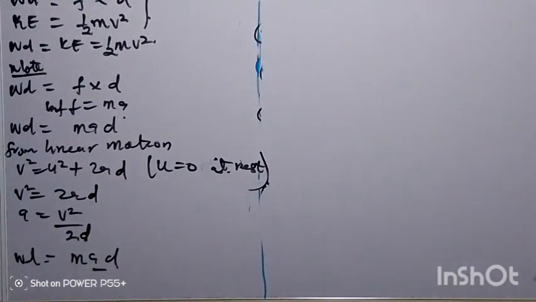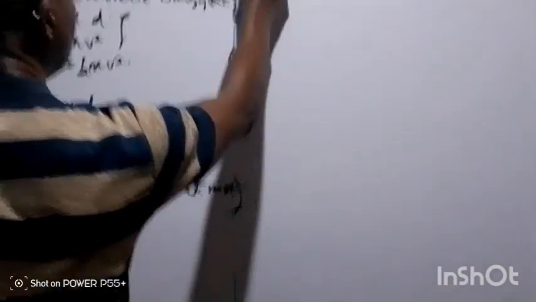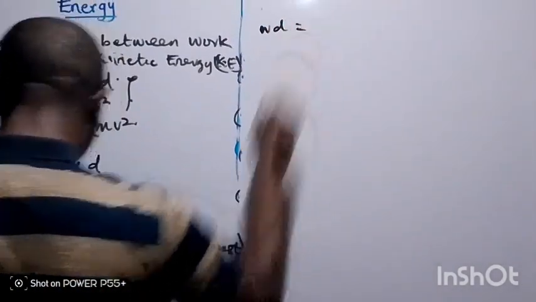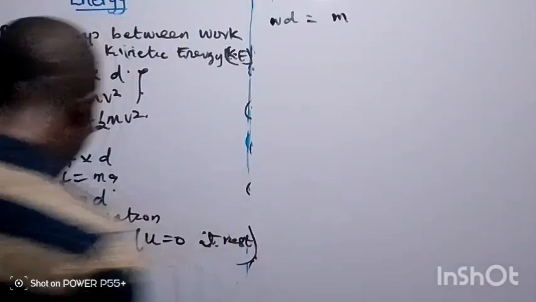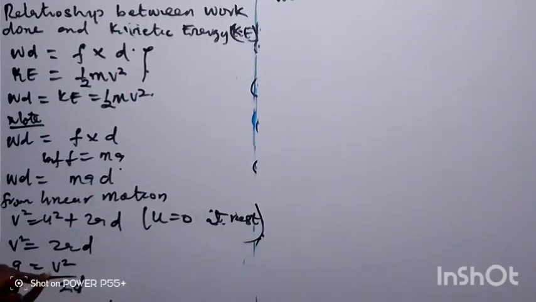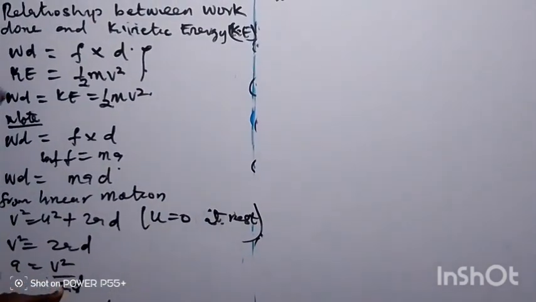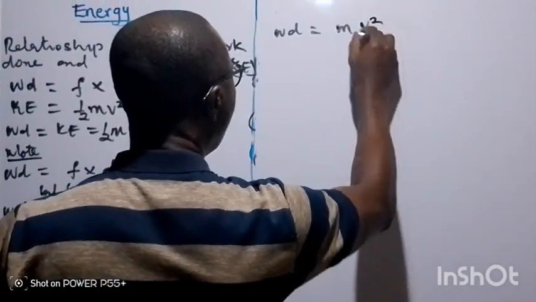So we are going to have our work done. Work done, we want to remove A. That will be M into our A here. Our A here is V squared over 2D.